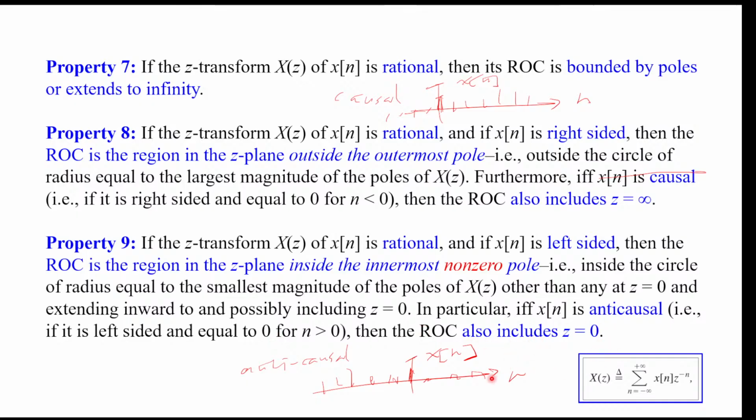Your ROC includes z equal to 0 if and only if your signal is, once again abusing the notation, anti-causal, and what we mean is that x of n is 0 for n greater than 0.